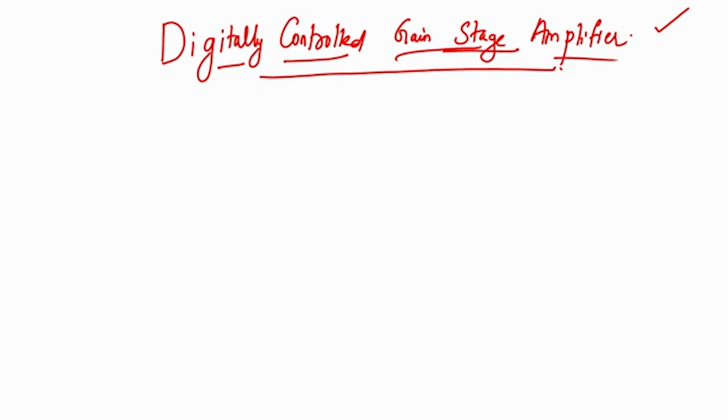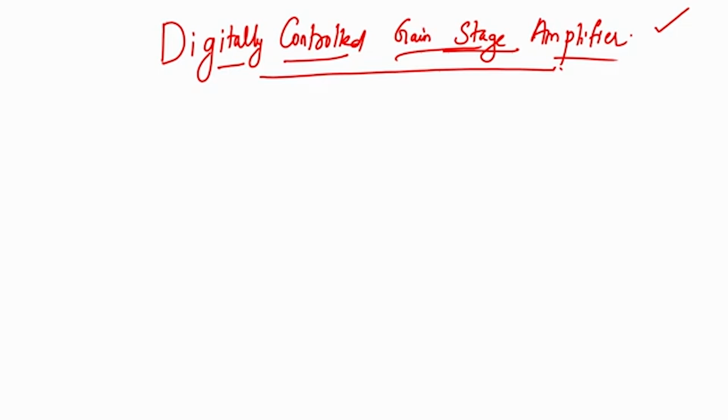So for the feedback to be negative, either your output should be connected to your inverting terminal, or you can connect it to your non-inverting terminal, but your feedback voltage itself can be negative. In two ways you can have negative feedback, correct.